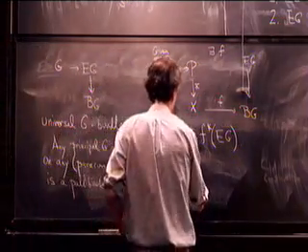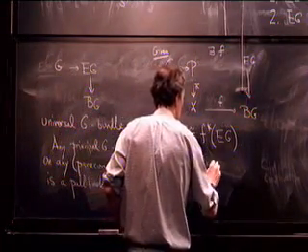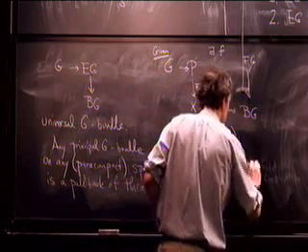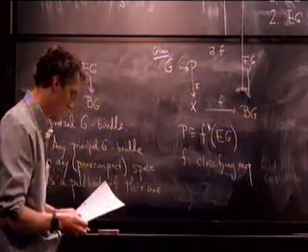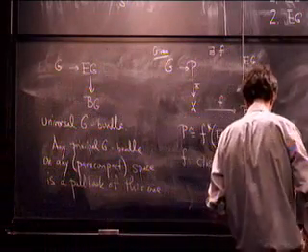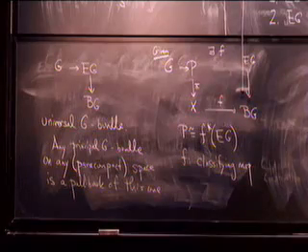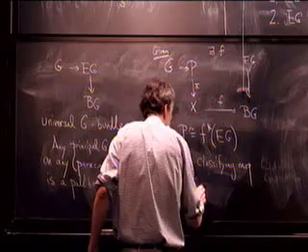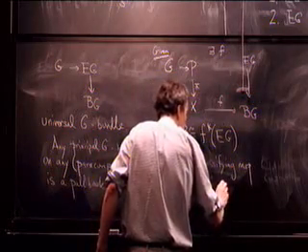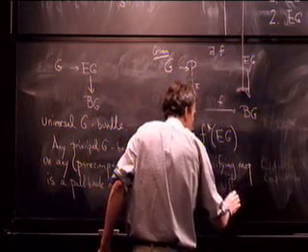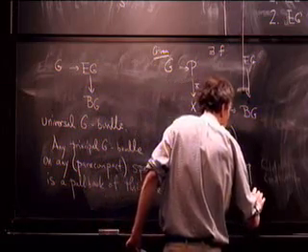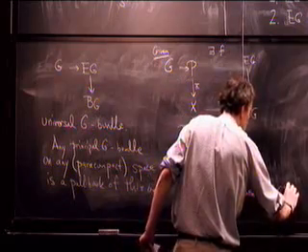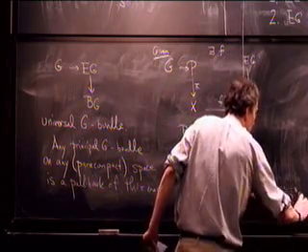Now this map here is called a classifying map. And let me remind you that if F0 is homotopic to F1, then F0 star of EG is isomorphic to F1 star of EG.